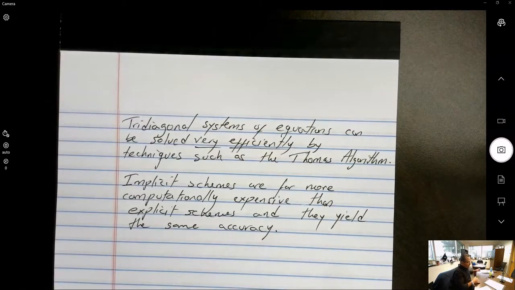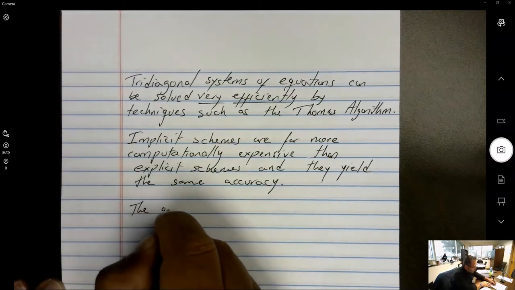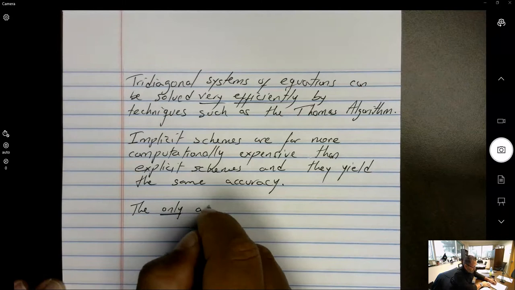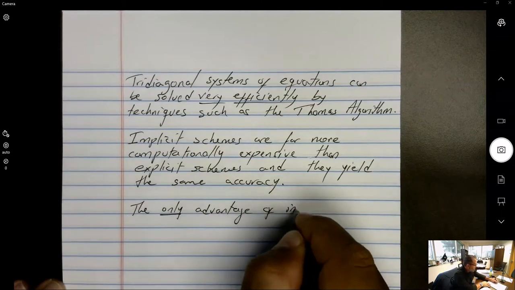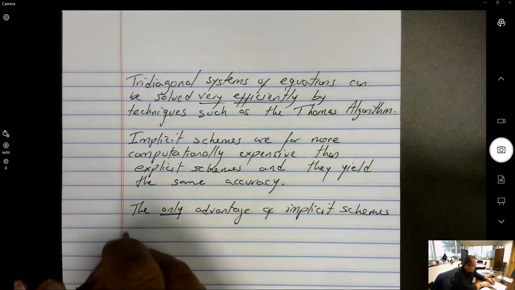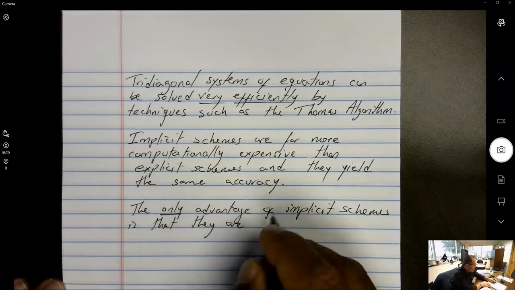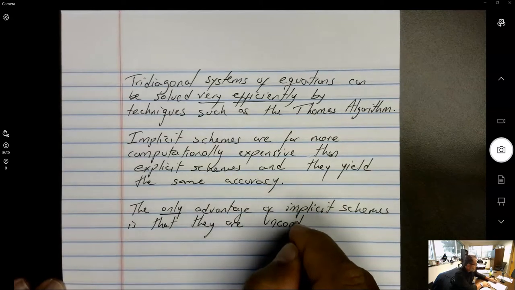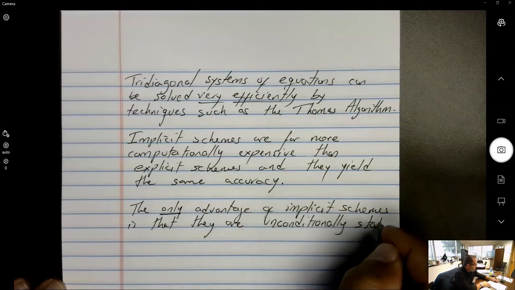So what is the gain if we're losing in computational efficiency? It's basically the only advantage of implicit schemes: they are unconditionally stable.